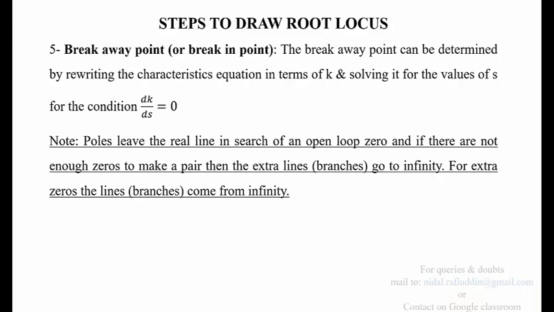So breakaway point, as we saw in the example of the suspension system of the car we were trying to design. We saw that the roots of the system started from the imaginary axis, moved towards the real axis, and there was a point where they clashed.